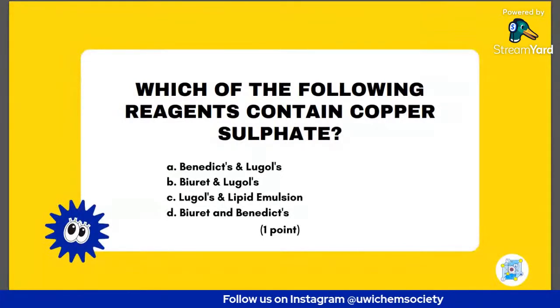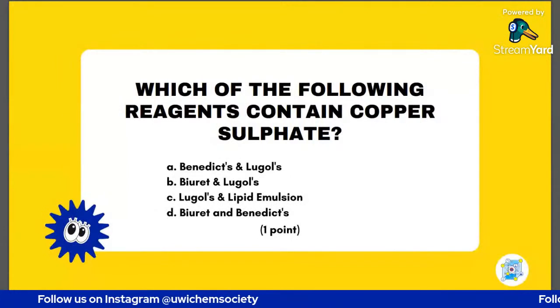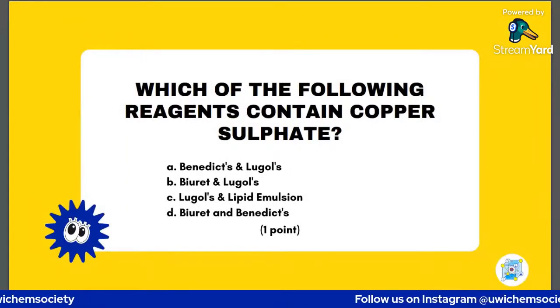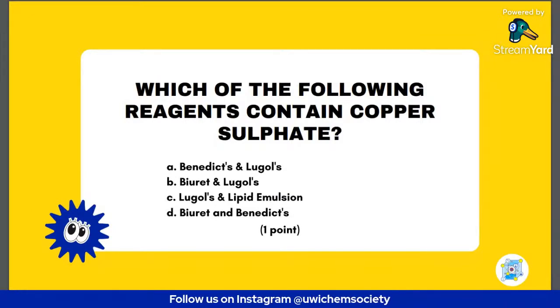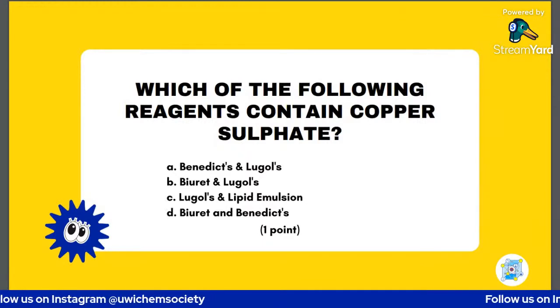Let's see. I'm seeing answers. Are they correct though? I'm seeing D, and the correct answer is indeed D, because with the amount of times we recap, you should get the answer by now.